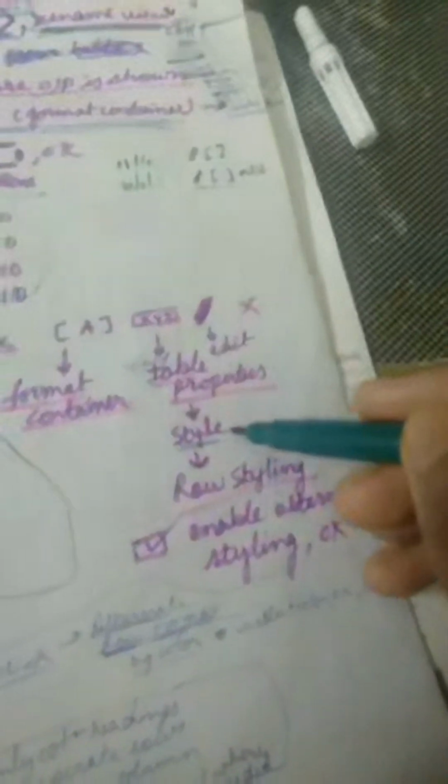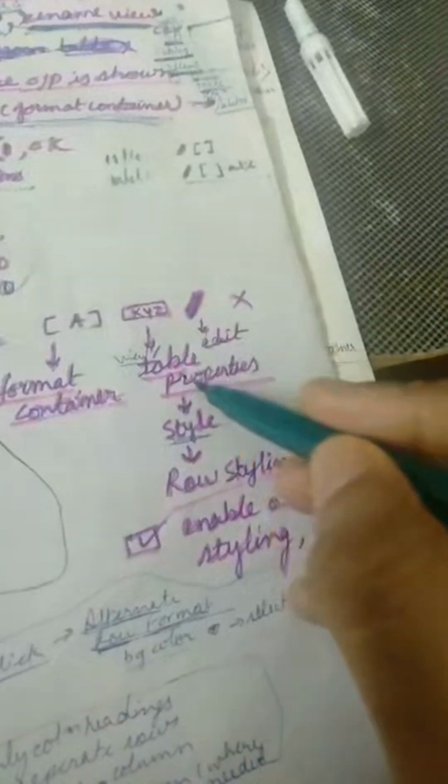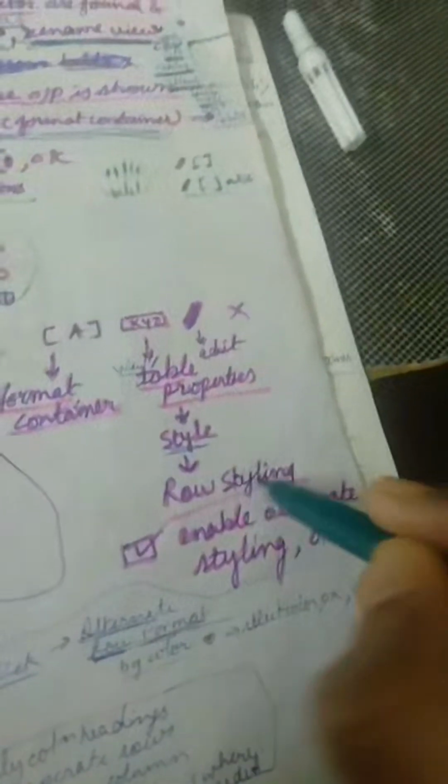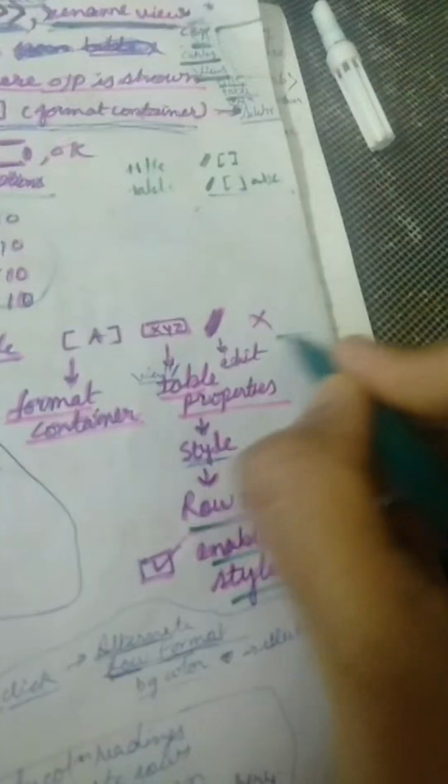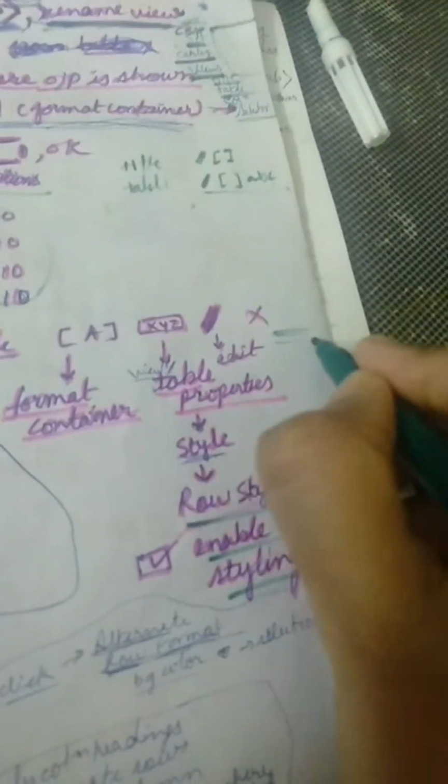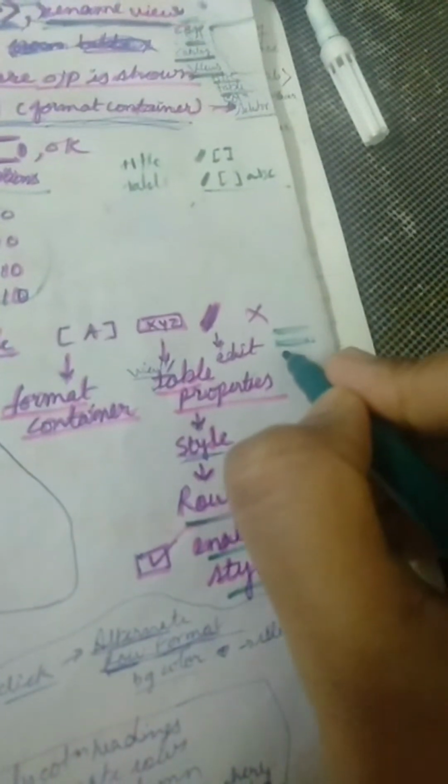Now in the view properties, what we can do is change the style. We'll go to style, and click on row styling area and enable alternate styling. This increases the visibility of rows: one row is gray, one is white, another one is gray, again white, again gray, so that the visibility increases for the row values.